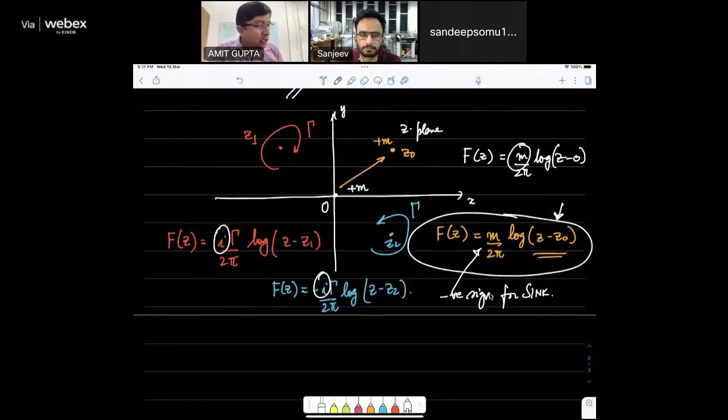My own undergraduate experience has been that the doublet is a hard potential to understand, but complex analysis gives you a very clean way of deriving the doublet. So you could see how flow past a cylinder comes out naturally when you have a doublet with a uniform flow, and you can derive the pressure distribution and the velocity distribution quite easily without having to resort to much more complicated tools.